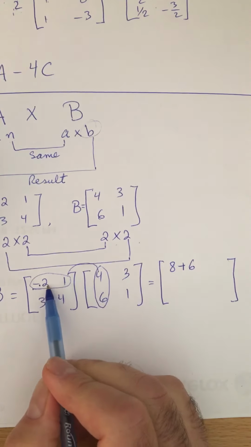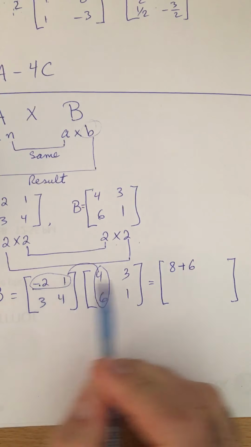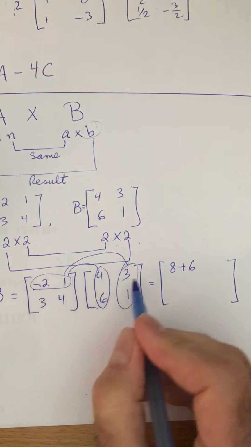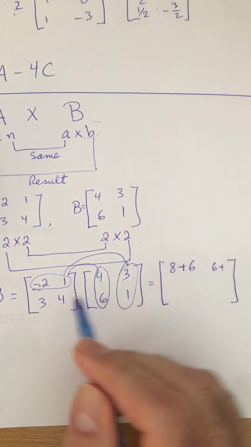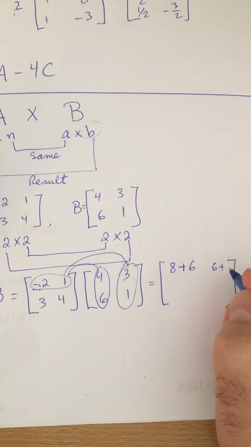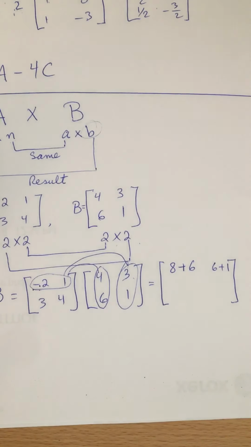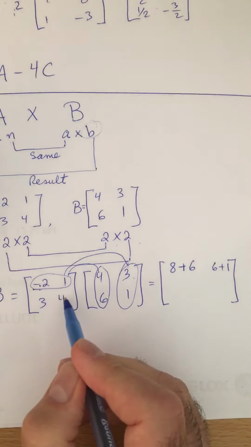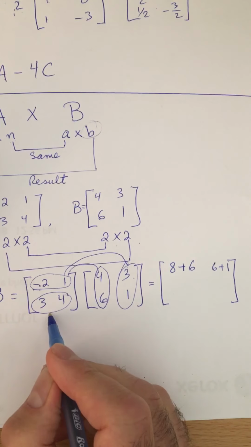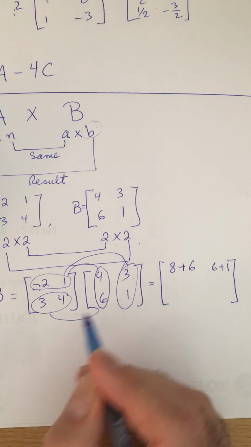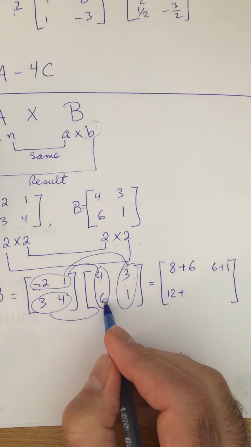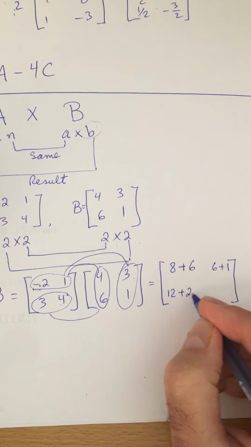And then you take this row and multiply it by this column, like this. So you get -2 times 3, which is 6, plus 1 times 1, which is 1. So we are done distributing this row. Then we do the same thing with this row. You take it and multiply by this. So 3 times 4 is 12, plus 4 times 6 is 24.